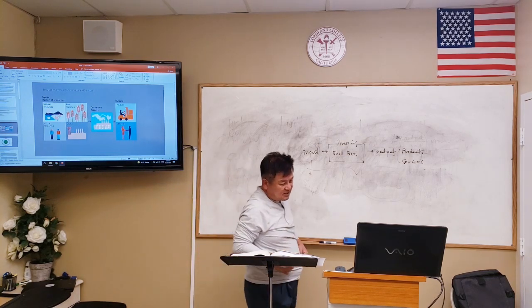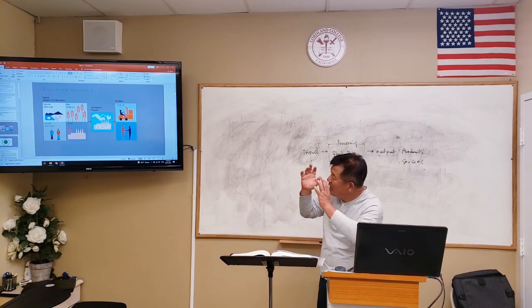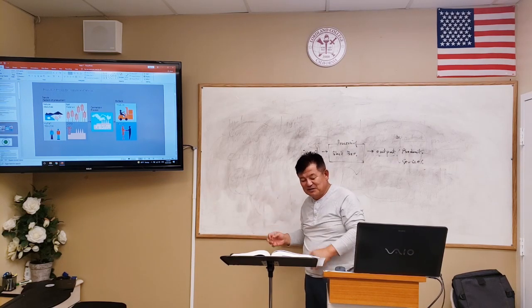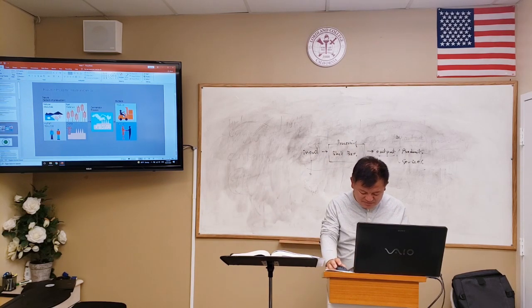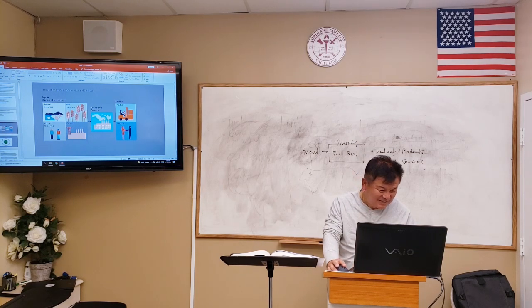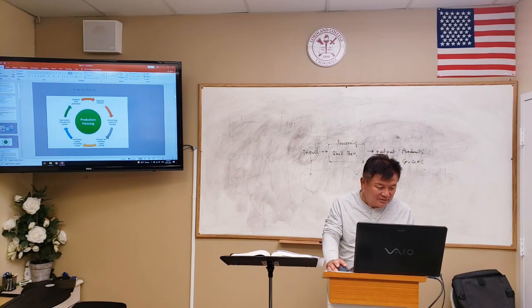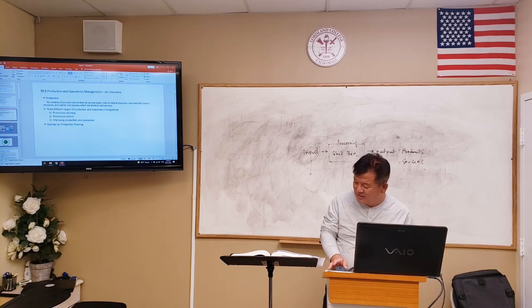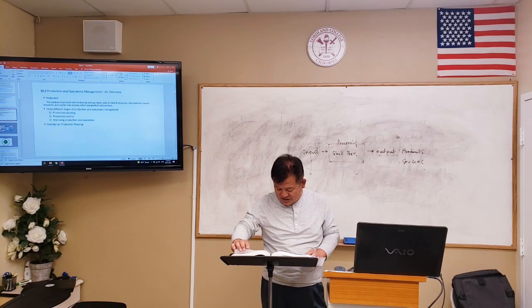Okay, this is the concept. But every process has some very difficult concepts. This is for operations management. There are three different stages of production and operations management: production planning, production control, and improving production and operations.